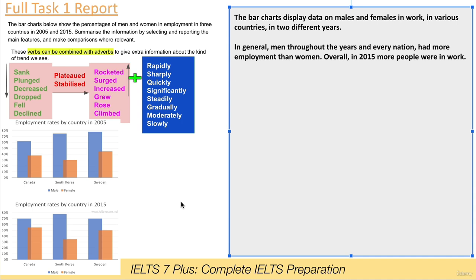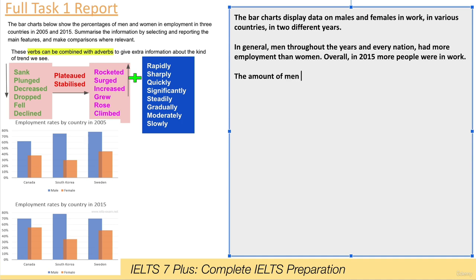Right, so let's start with men. Okay, so we want to maybe start with 2005 and compare and then go into 2015. So what can we say? Men's percentage was always over 60% in all years and all nations.